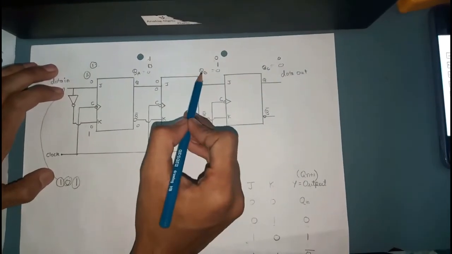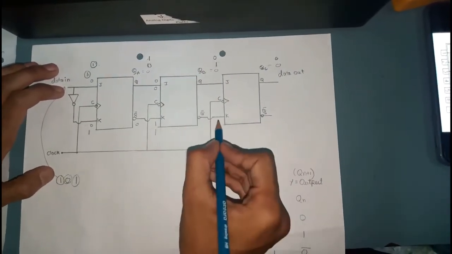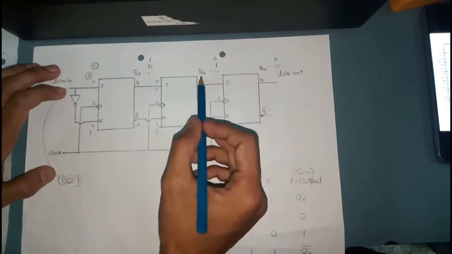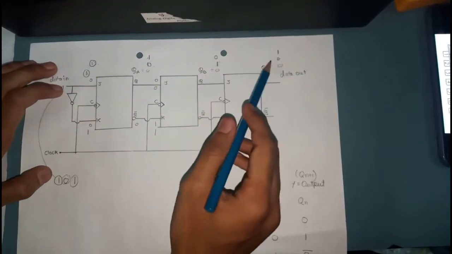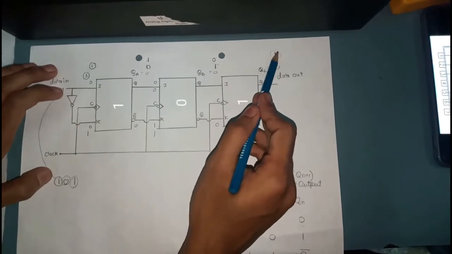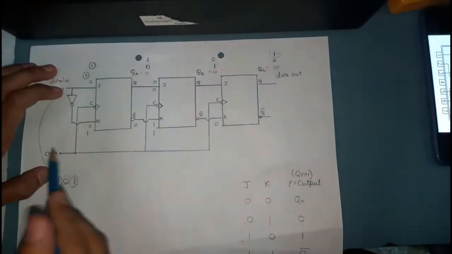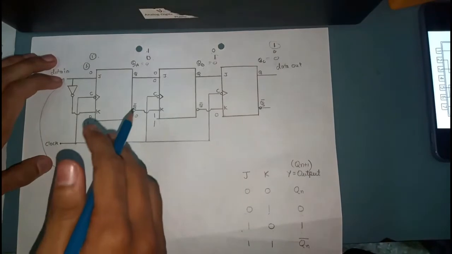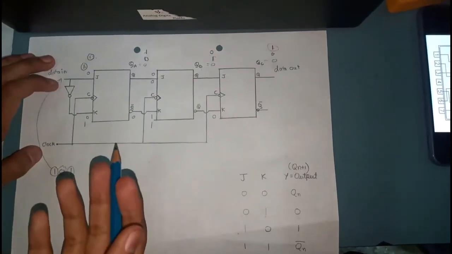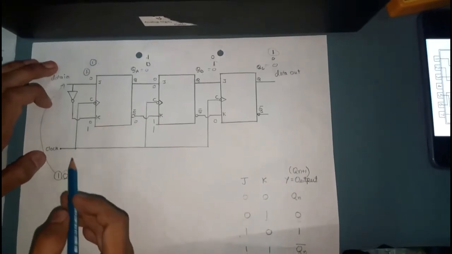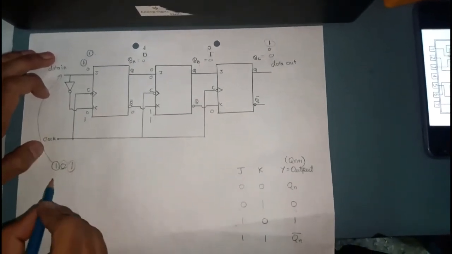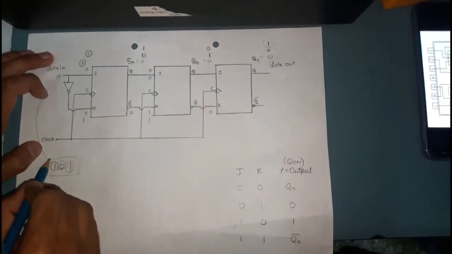Now for previous QB equals 1, J equals 1 and K equals 0, so QC will be 1. So we will get the output as 1 for the very first time in the circuit. Now to get the required output, we will feed any input for the next 2 low clocks so that we can get the required 101 output.